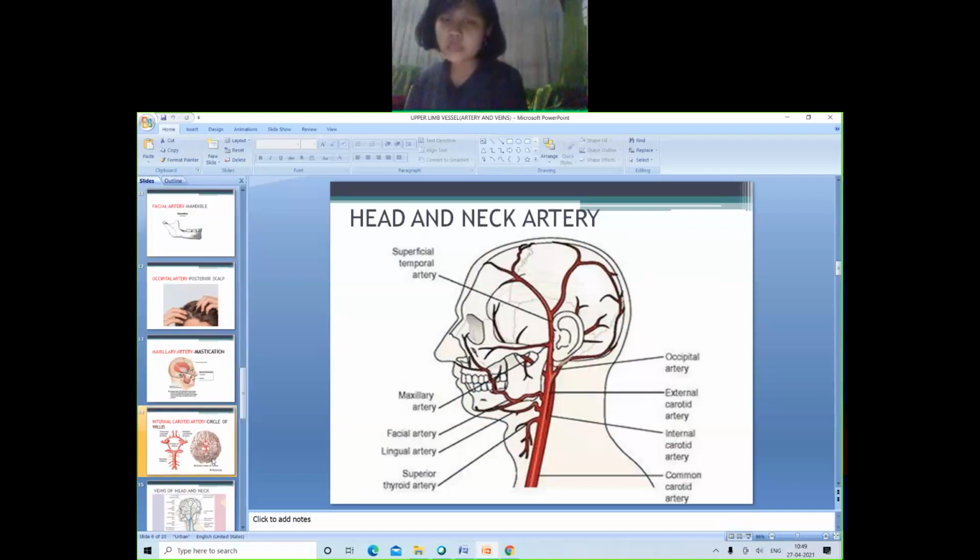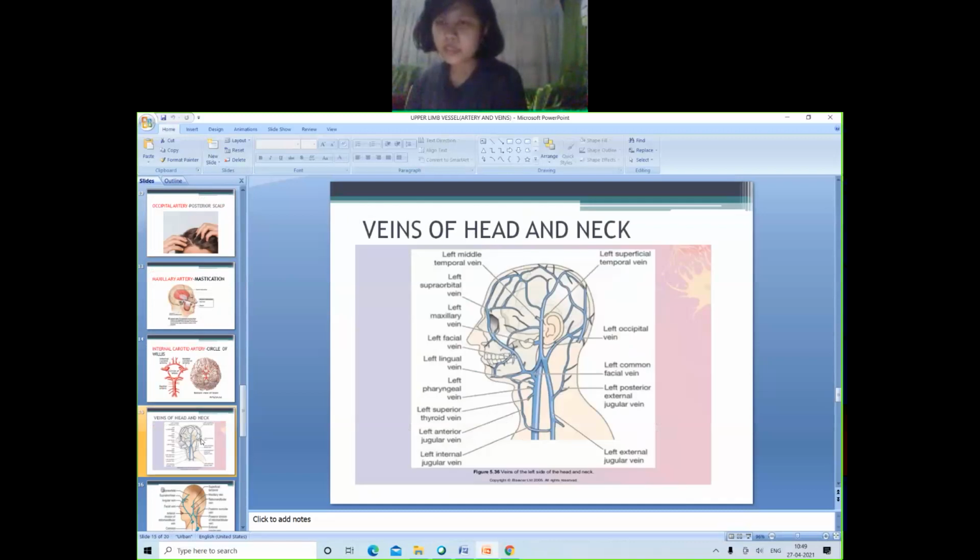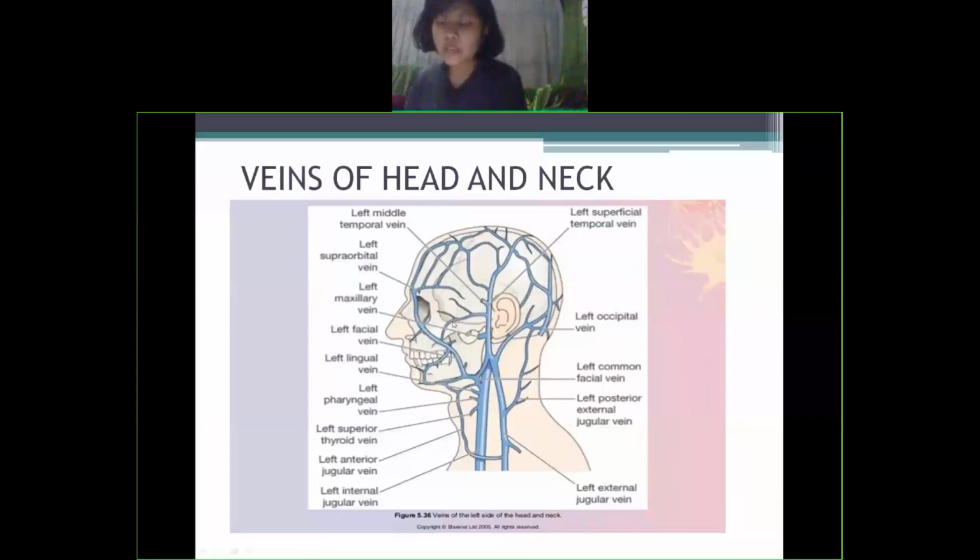The venous blood, that is the deoxygenated blood, goes to the face and the scalp, and they will unite. They will unite to form what? They will unite to form the external jugular vein.